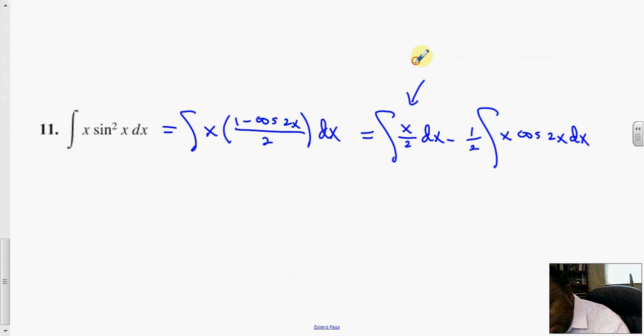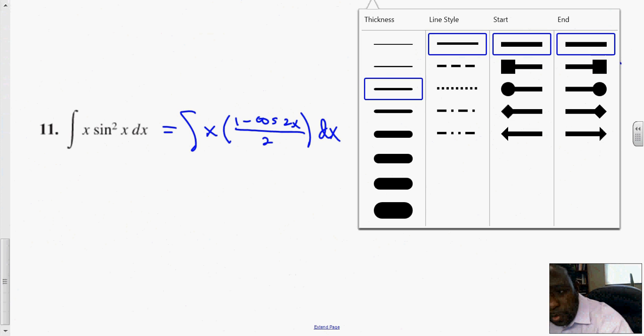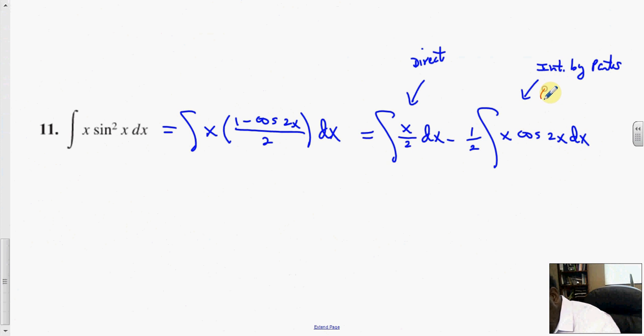This is direct integration, and over here we use integration by parts, and the shortcut would be the tabular method. We use, parenthetically, the tabular method.